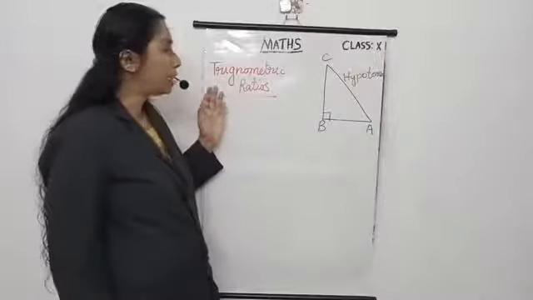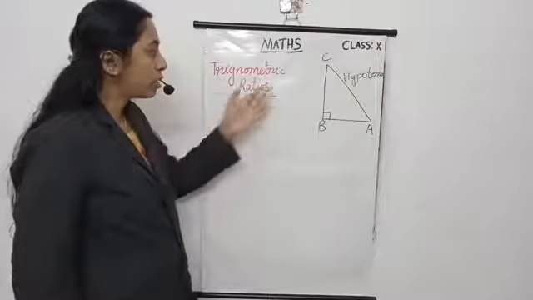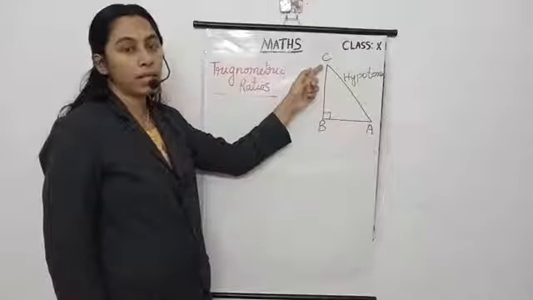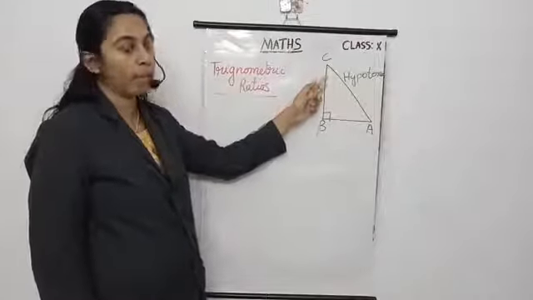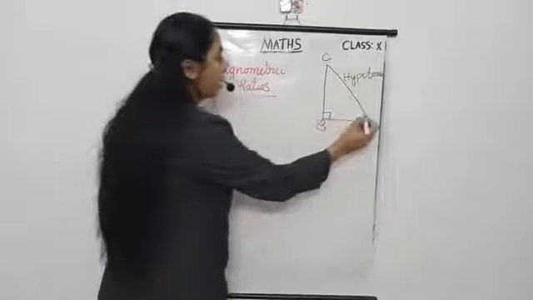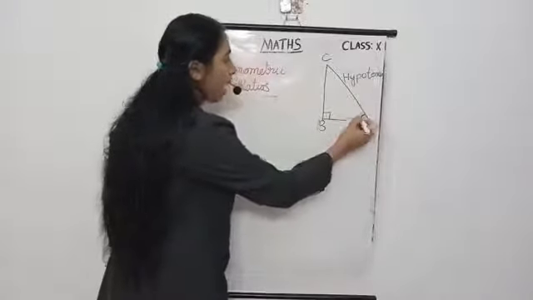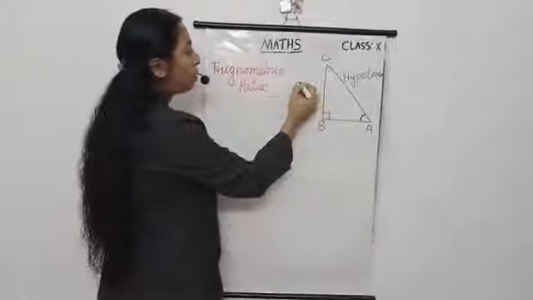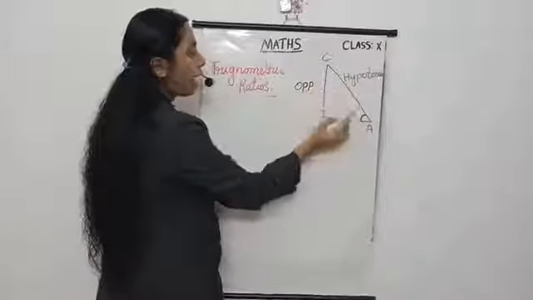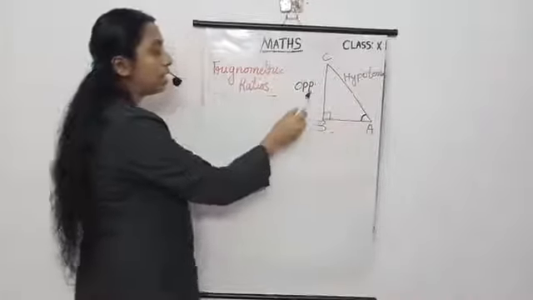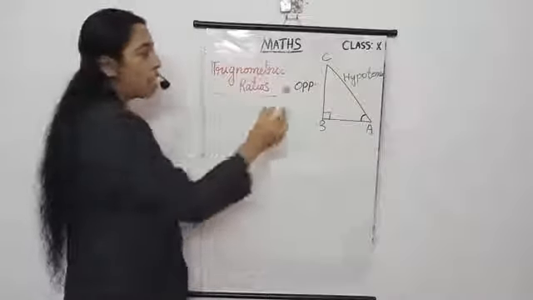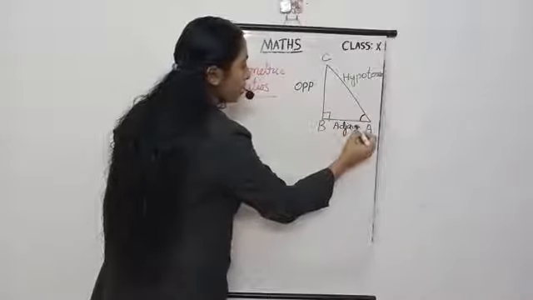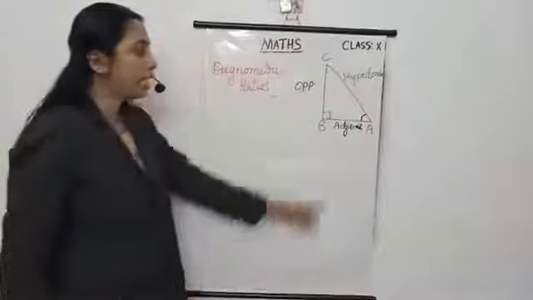We are going to learn trigonometric ratios. Before that, consider this right triangle. This is angle A and this is angle C. Both are acute angles. Now, if we take angle A, with respect to this angle, this side is opposite to angle A and this side is adjacent to angle A. Understood?